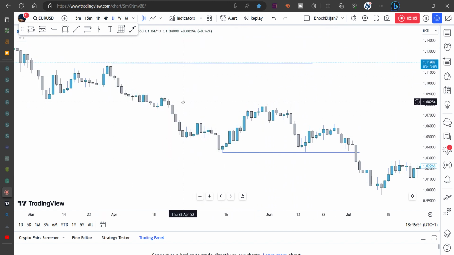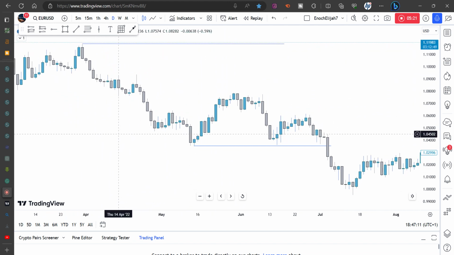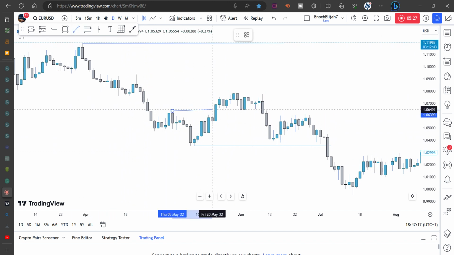If I go to this day, let's say the 17th of May, this is my major swing range. Inside this major, I have a minor swing high and a swing low, which is here, and then this same low.